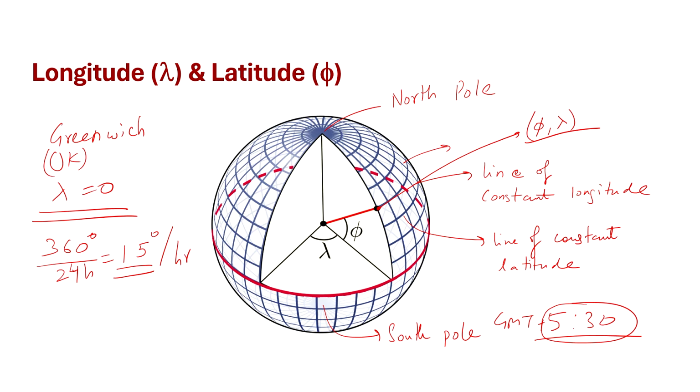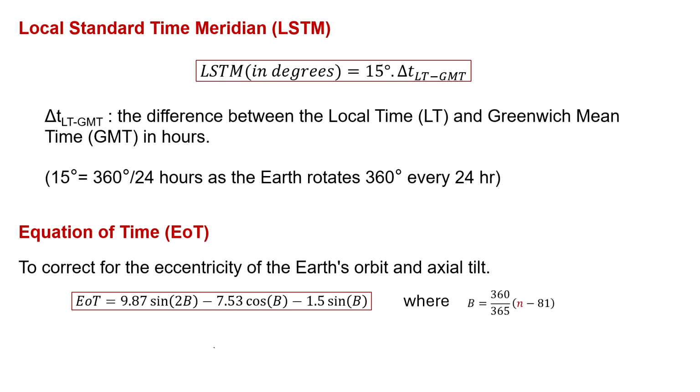Similarly, if you go to a position in America, that will be on the other side. That is how you determine the coordinates and fix them with respect to UK Greenwich time and then make time corrections. So there are a few things we need to know. First is the local standard time meridian, LSTM, which in degrees is 15 degrees, because there is a rotation of 360 degrees every 24 hours, multiplied by delta T, which is LT minus GMT.